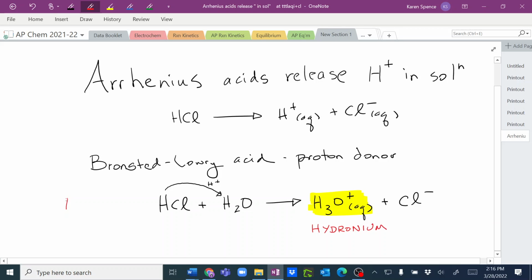So this is reality. This is shorthand. Okay? In reality, hydrogens don't just float around by themselves in the water. They attach themselves to water molecules and become hydronium. Okay? Sometimes you will come across the question, what is the strongest acid that can exist in water?